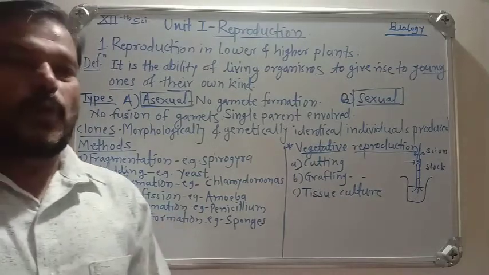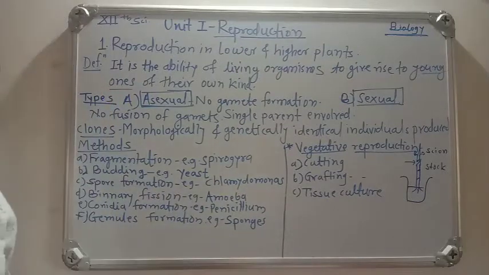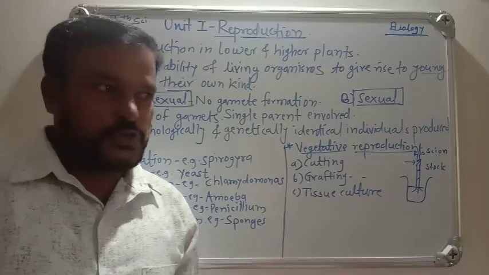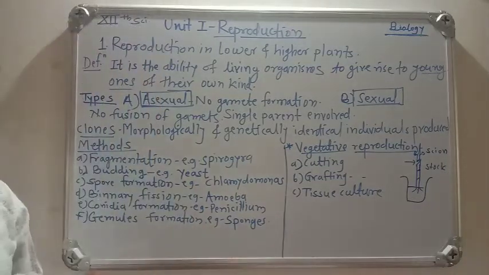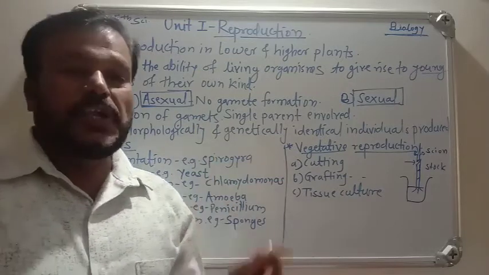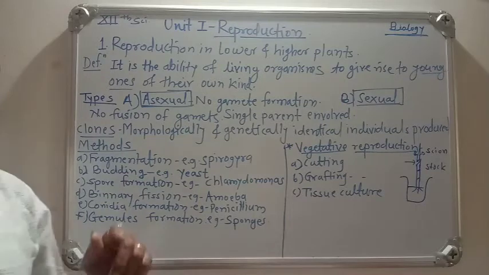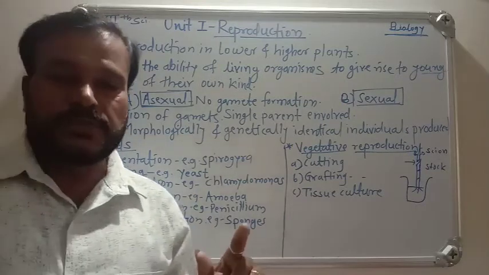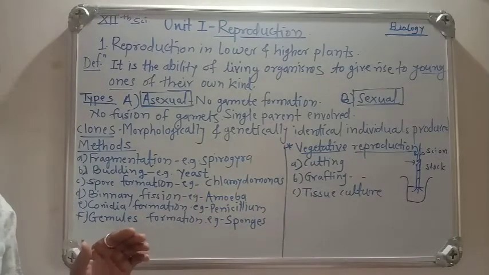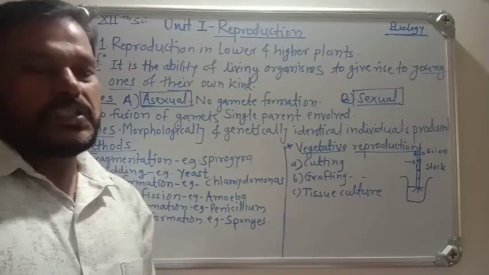There are 2 topics included in reproduction, 3 topics in genetics and evolution, 4 topics in physiology, 3 topics in applied biology, and 3 topics in ecology and environment. That is 14 topics or 14 chapters included in our syllabus.